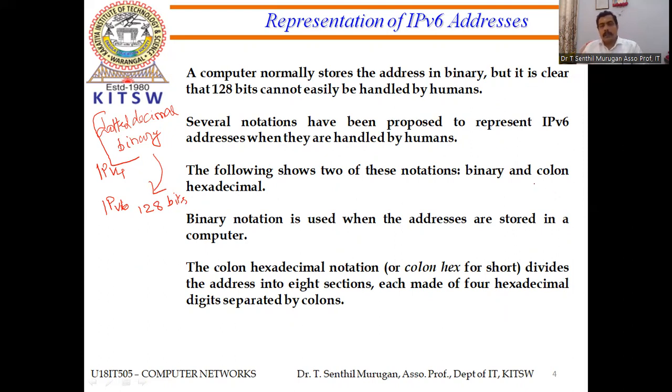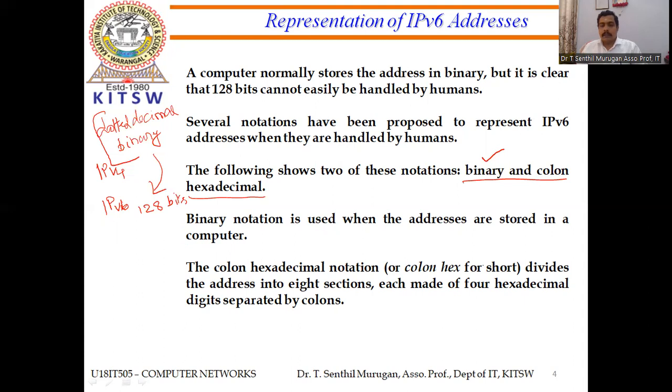So in IPv6, we have two types of representation. One is binary representation, that is combinations of zeros and ones. Then colon hexadecimal notation. How can we write it using the hexadecimal notation?